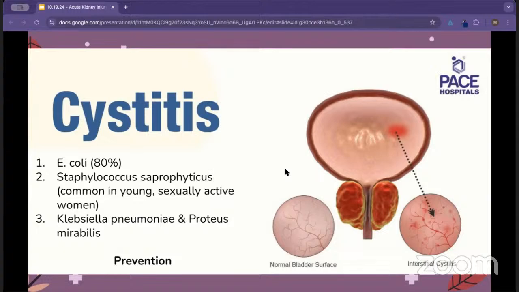For example, one way to prevent it would be postcoital urination, basically urinating after sexual activity, because that would help clear any bacteria that were introduced during the sexual activity. And also practicing good personal hygiene, like wiping front to back to prevent bacterial spread. I know in many different cultures they use a, I think in Europe it's called, let me get the right term.